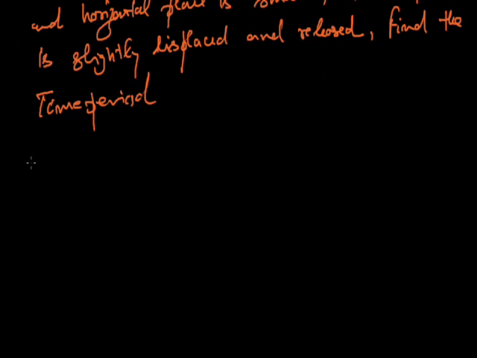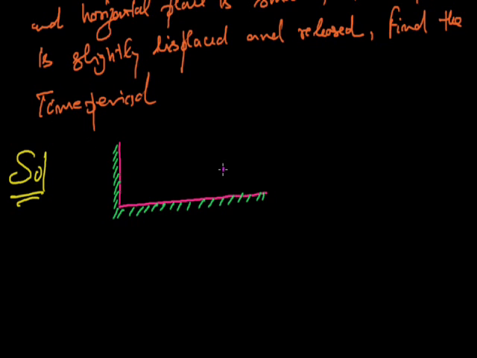Solution is, this is the system. This is one block of mass capital M. Another block is placed on this first block, whose mass is small m, connected by a spring whose spring constant is K.